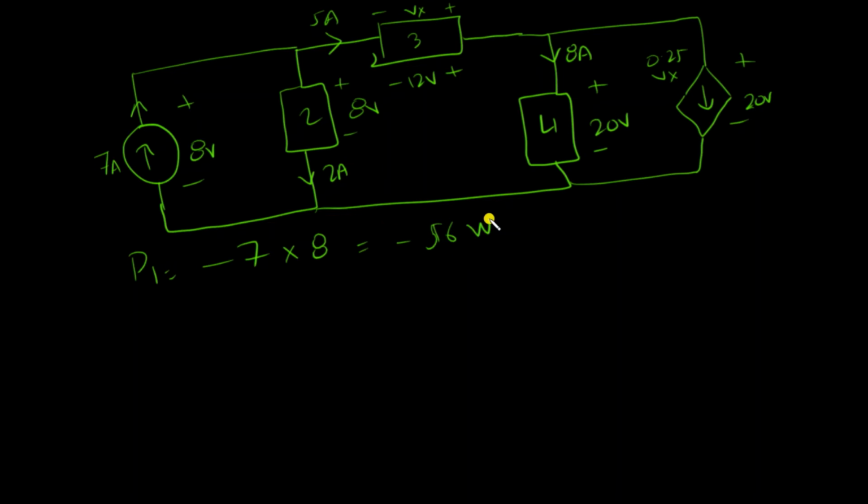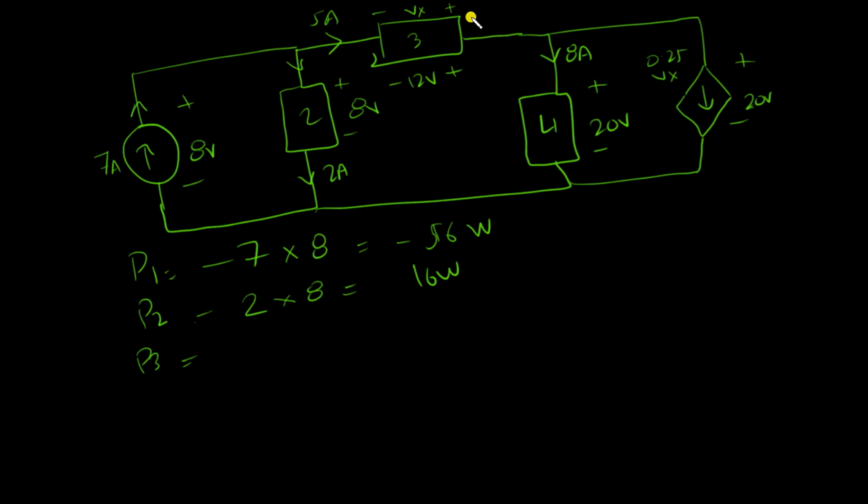which is minus 56 watts. In the second element, the current is going down 2 amps. The current entering the positive terminal, which is on the upper side, is 2 amps. So we can just use 2 multiplied by 8, which is 16 watts. In the third element, the current is going from left to right, and we have a voltage here with a negative sign.